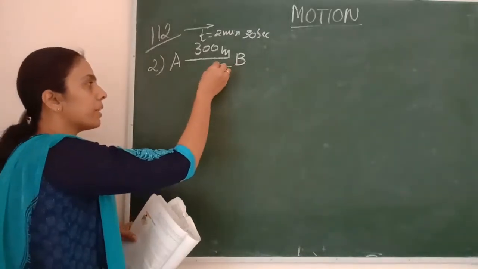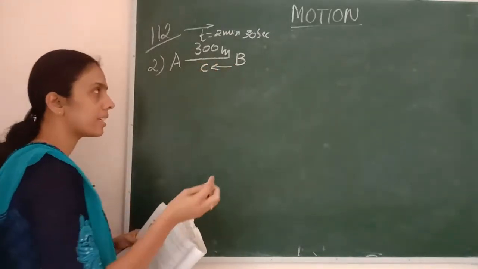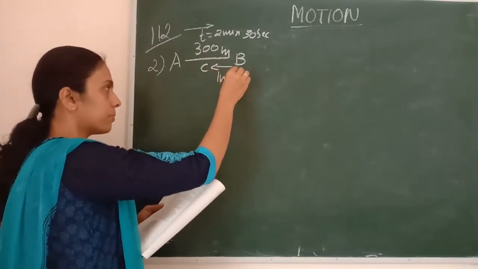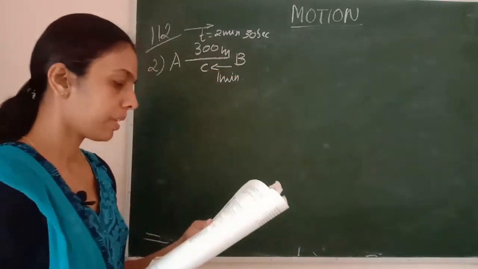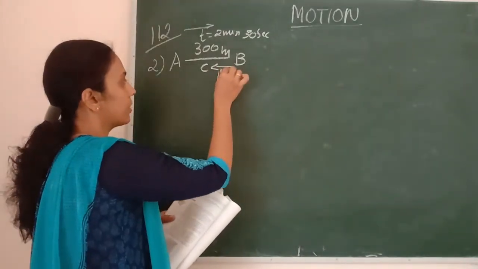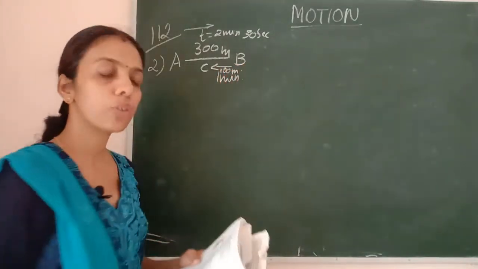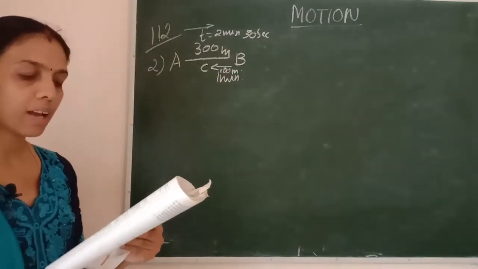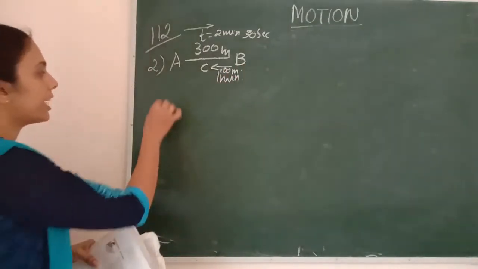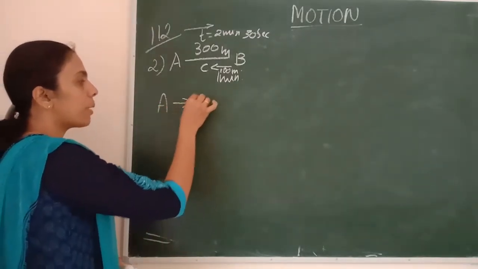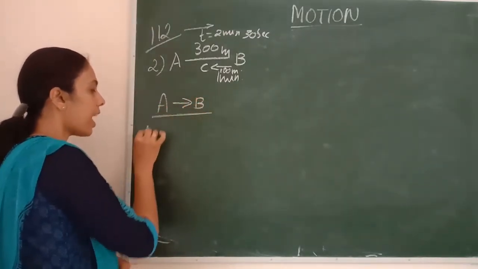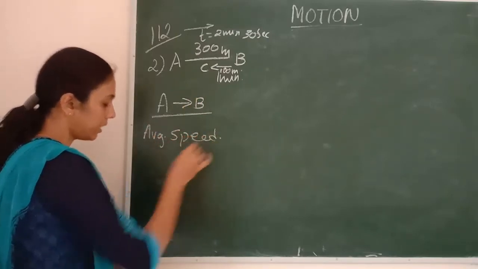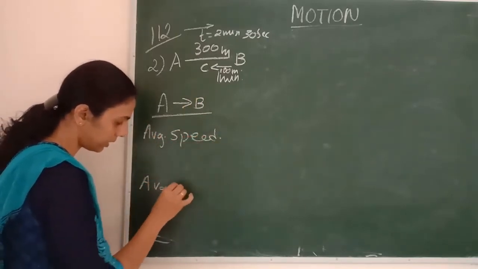So he is coming to the point C and taking 1 minute for that 100 meter. What should we find out? We should find out average speed and average velocities. First, from A to B, find the average speed and then find the average velocity.